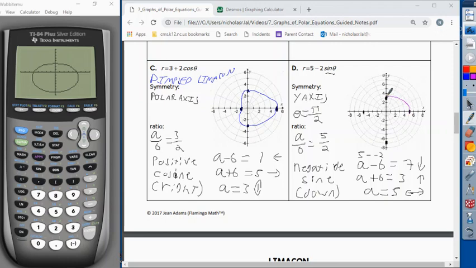Drawing the circle, or not the circle, the convex limacon, you could say. It's going to look something like that. So this is a convex limacon. Alright, clearing annotations.